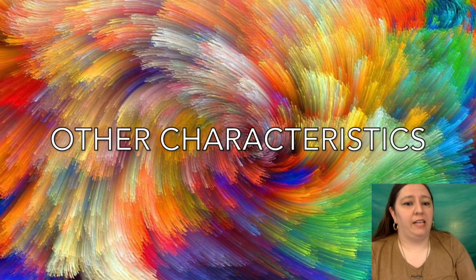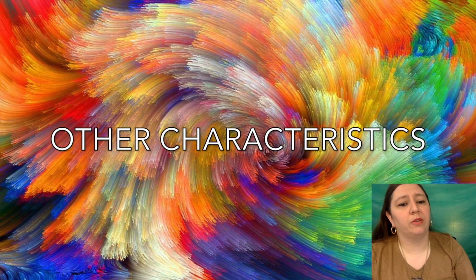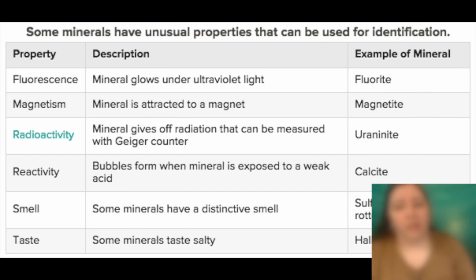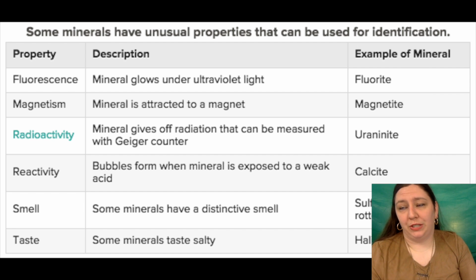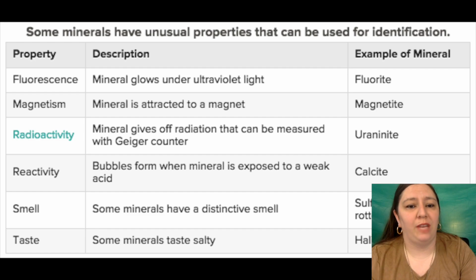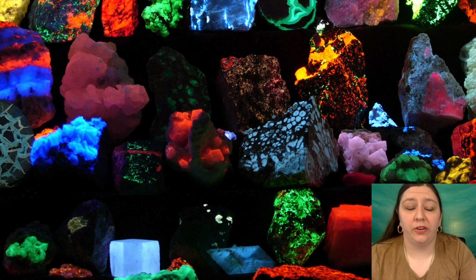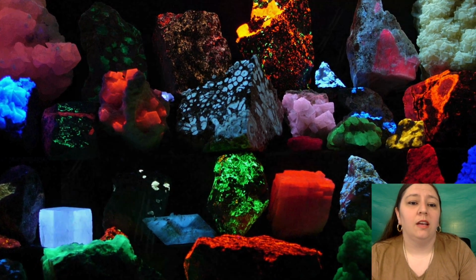Other identifying characteristics. Some minerals have other unique properties, some of which are listed here. Can you name a unique property that would allow you to instantly identify a mineral that's been described quite a bit in this concept? Hint: it's most likely found on your kitchen table or your dinner table. Some minerals have unique properties that can be used for identification, like fluorescence, which means the mineral glows under an ultraviolet or UV light.